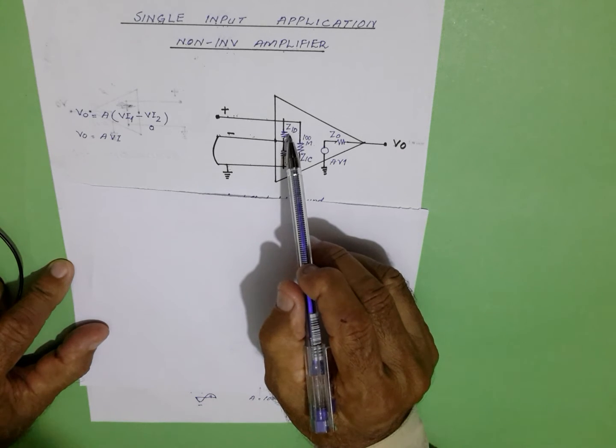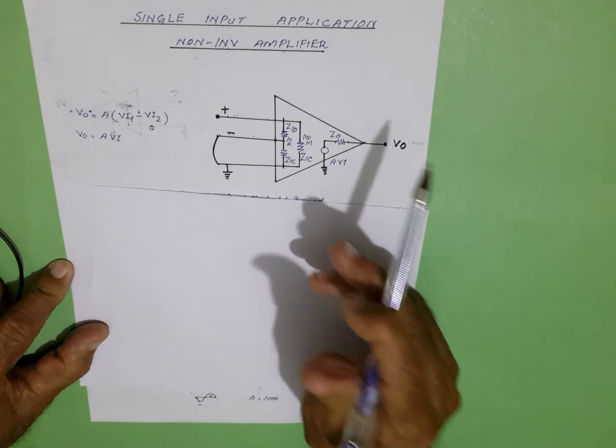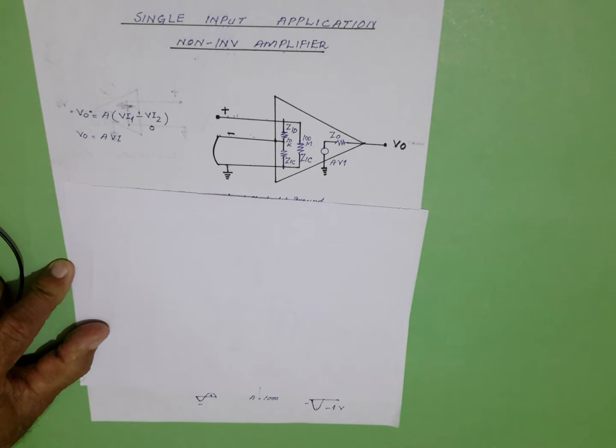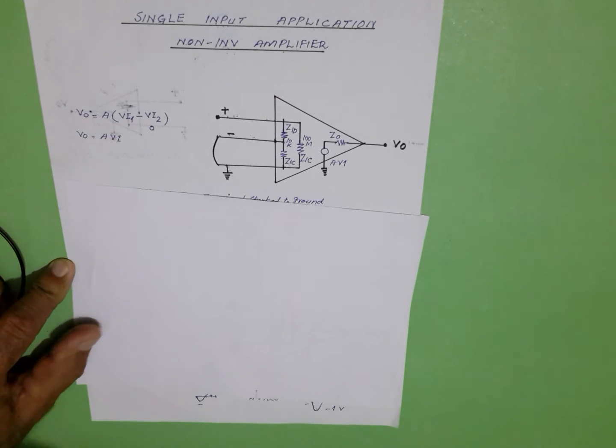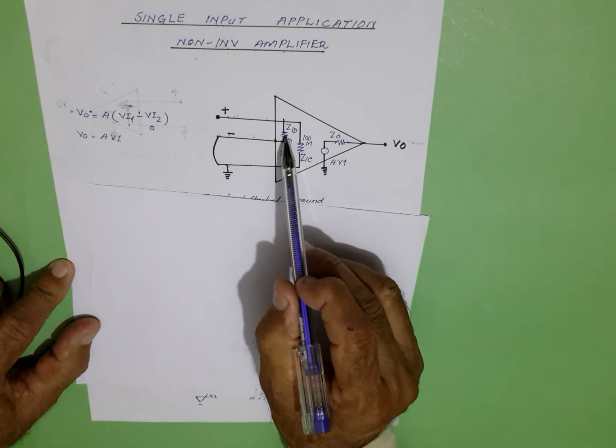ZID is the differential input impedance, and its value is 10 kilo ohm. We know that when two resistances, one with a large value and the other with a small value, are connected in parallel, the total resistance equals the small value resistance, and in this case this ZIC becomes this ZID.